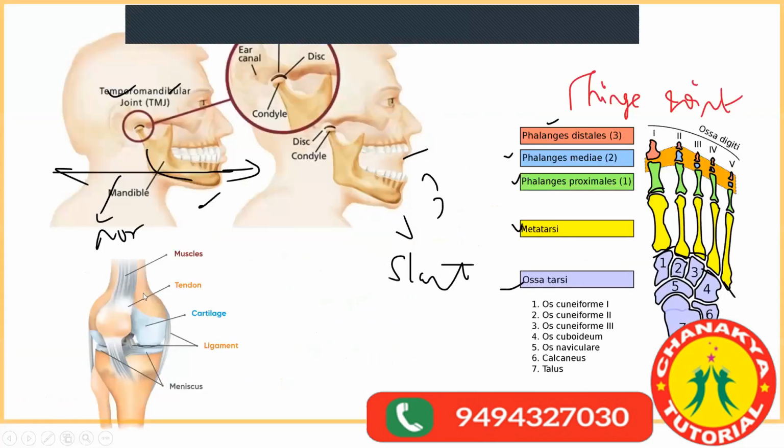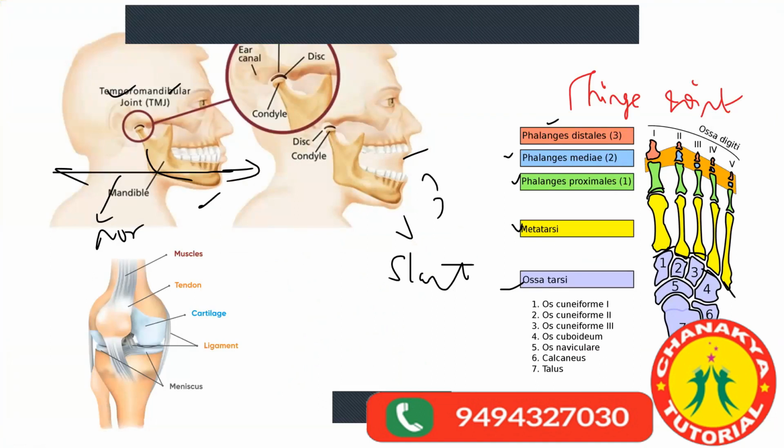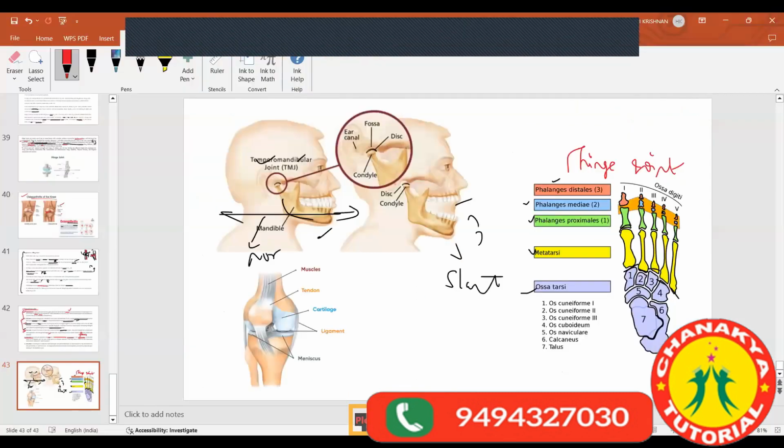Can you see the knee joint here? Ma'am, I think I drew it maybe. You have the drawing? Yes, ma'am. Did I ask you to draw the knee joint in any class? No, ma'am, in my exam.